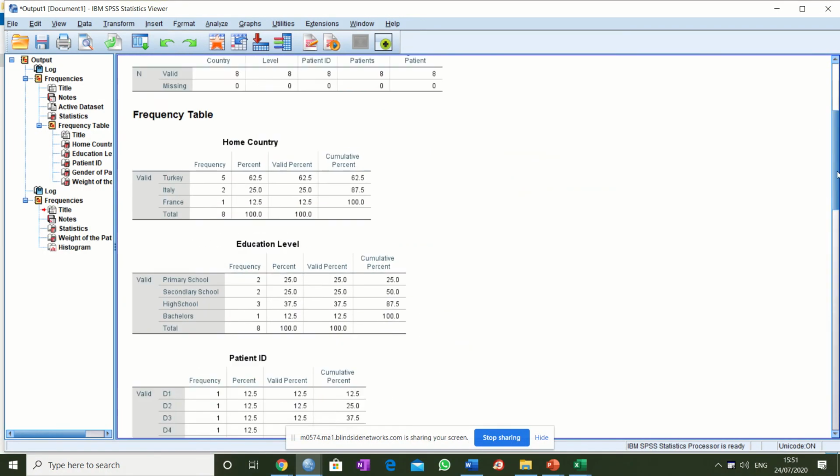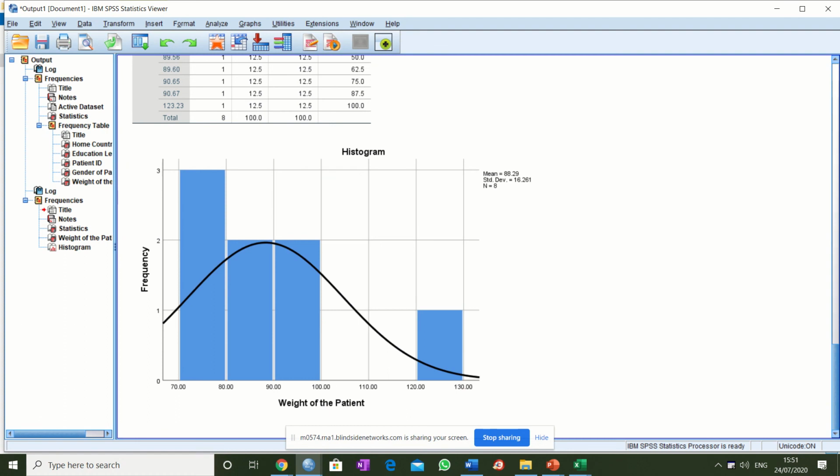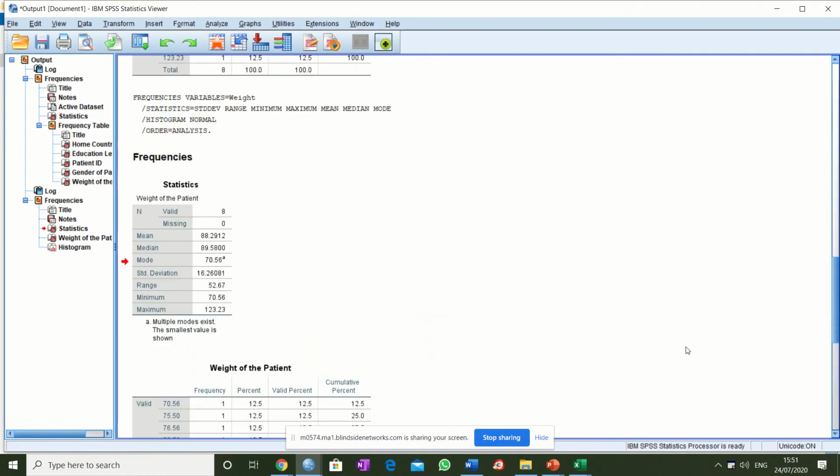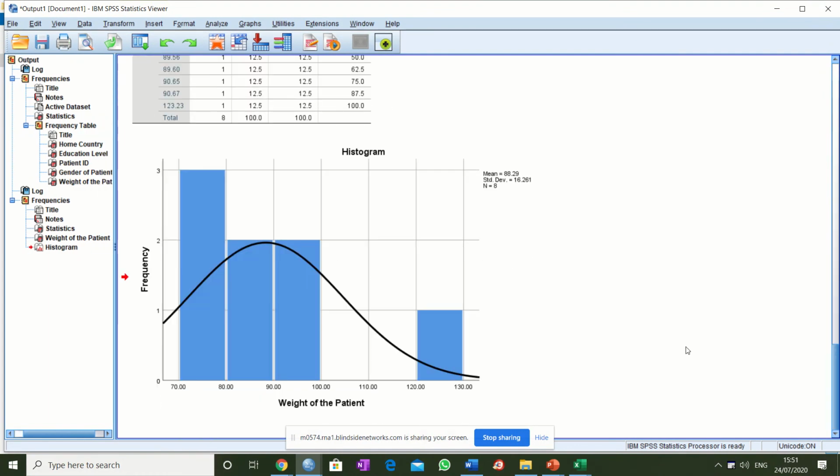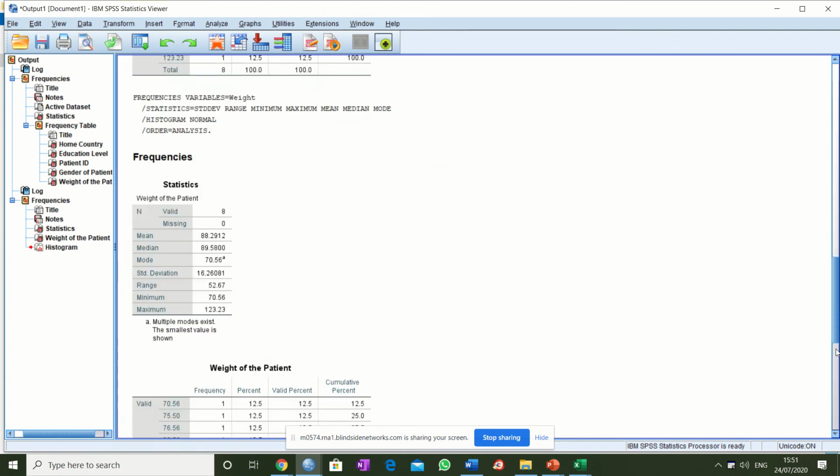Yes, let us look at what happened. This is what happened here. A graph, and it takes a little time. Oh, okay. Yes, this is calculated here. You can see the mean and standard deviation here.